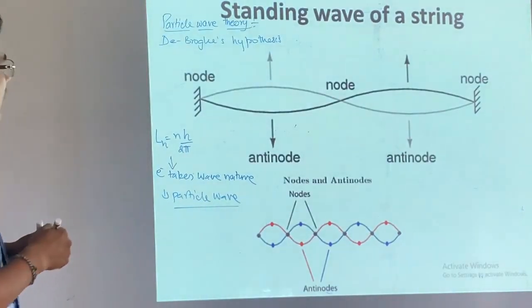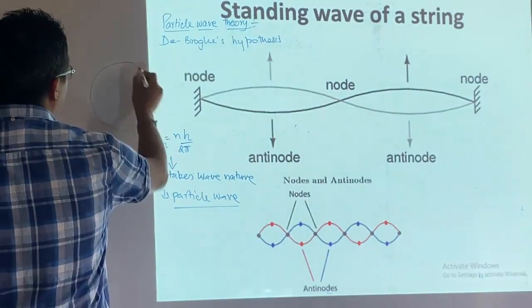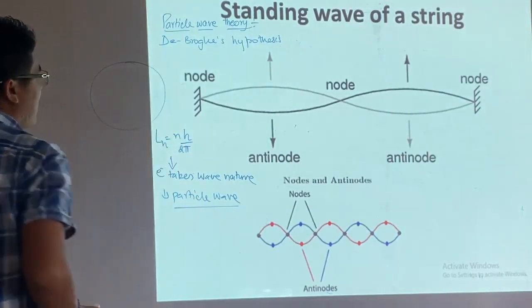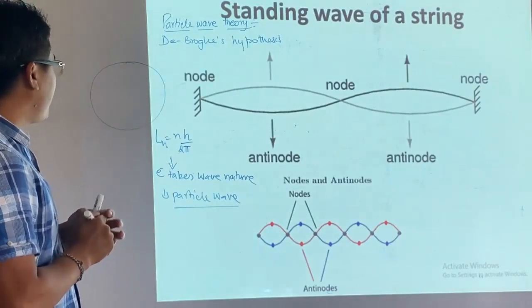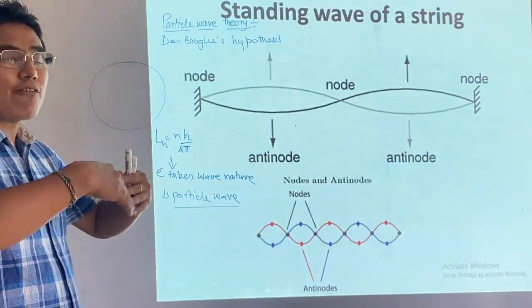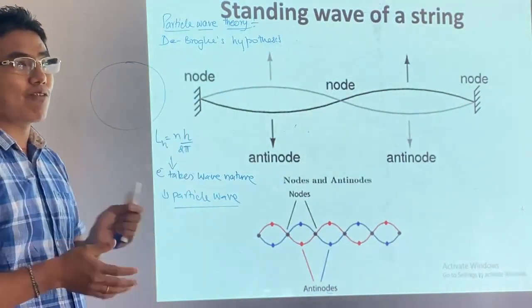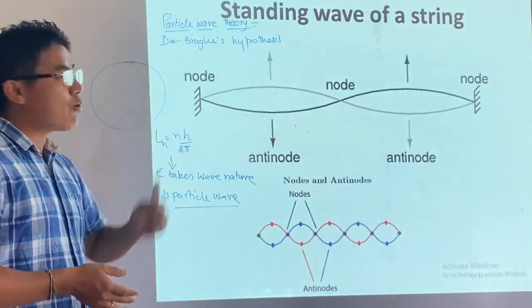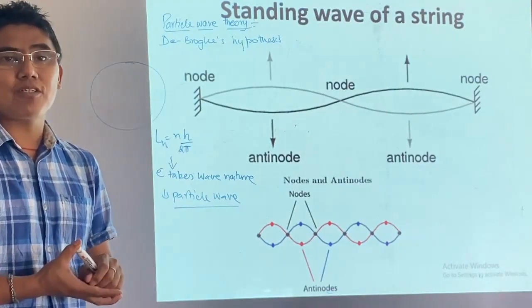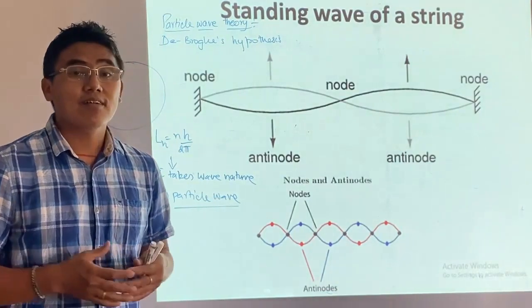Having this, we know that the electron going around the nucleus takes a circular path. When the electron takes a circular path, the particle wave, the electron wave, is confined in a circular path. Now I would like to bring you a concept done in class 11, the standing wave concept.